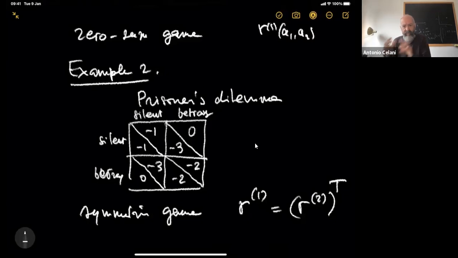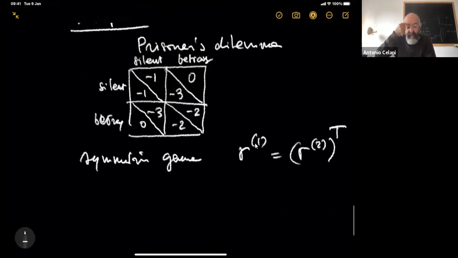Okay, so this is just to highlight in a very simple game like this what kind of complex situations may arise as a result of the fact that the outcome is the combined decision of 2 agents. And then maybe if they don't communicate, as in this case, it's very difficult to know how to coordinate, what to do. Okay.